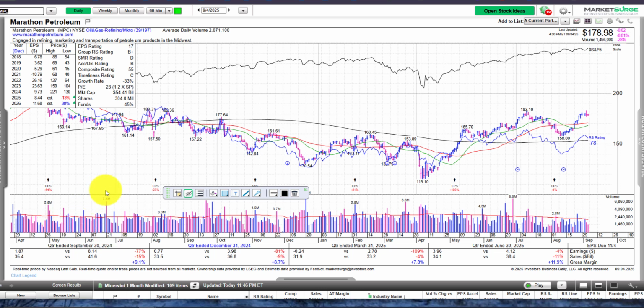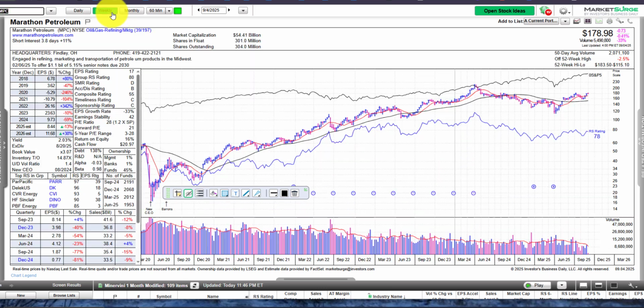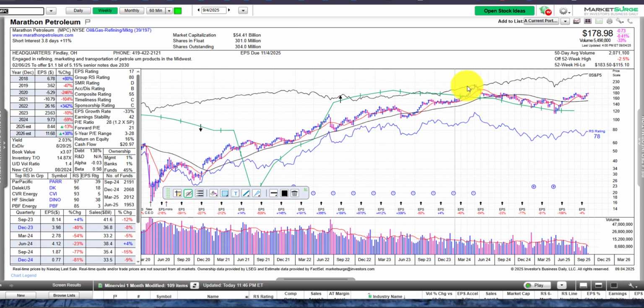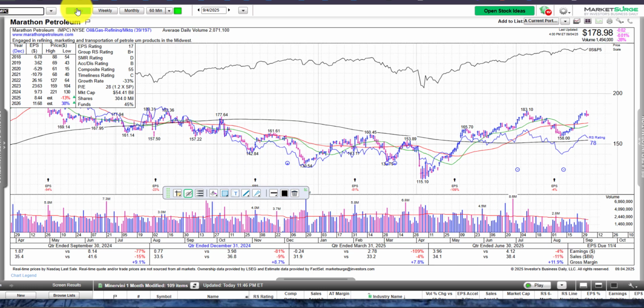Marathon Petroleum. Nice calm price action, and this actually has been really moving nicely since 2020. Possible measured move there. Working on the right side of a base. This is definitely the most promising one so far. MPC. Got a little supply over here. It needs to clear. Relative strength is pretty laggy.